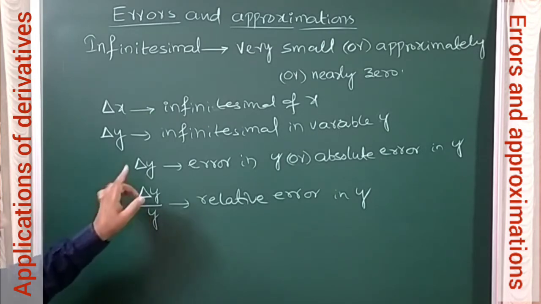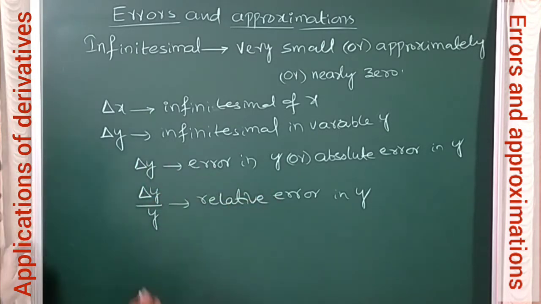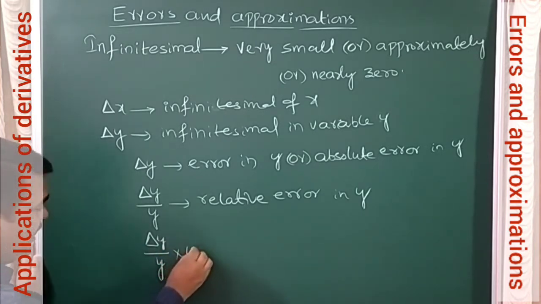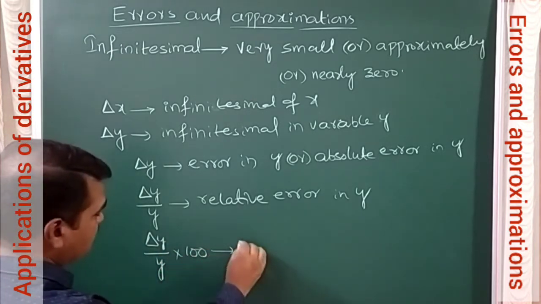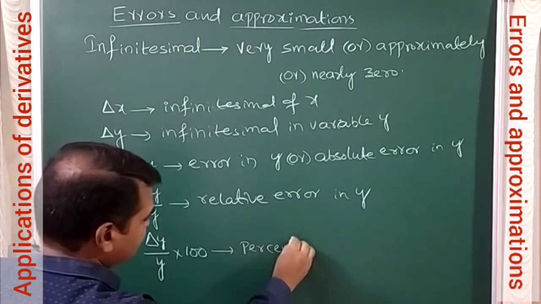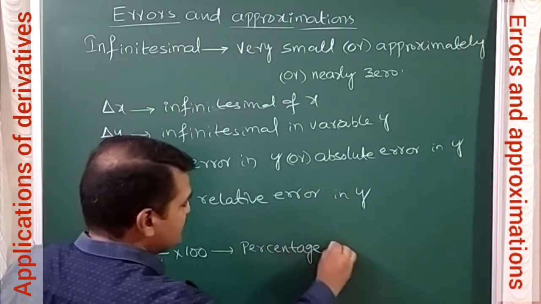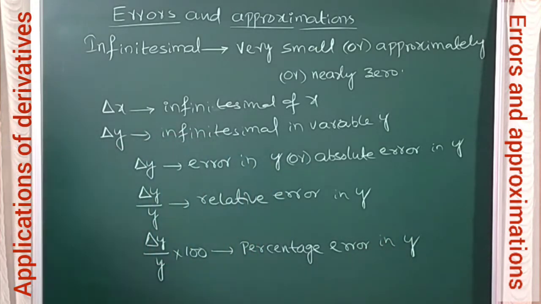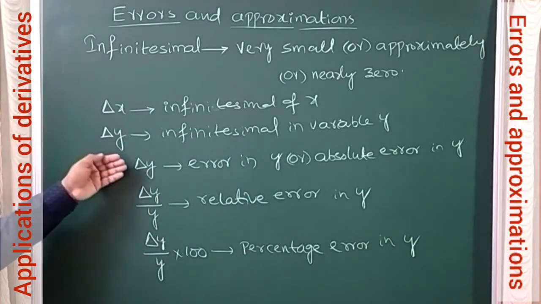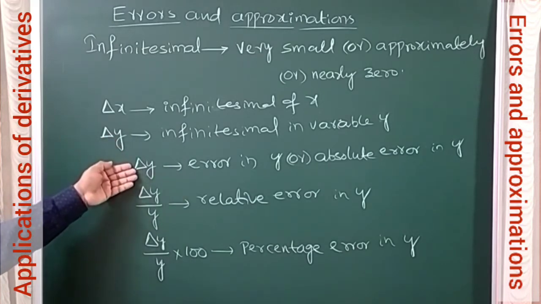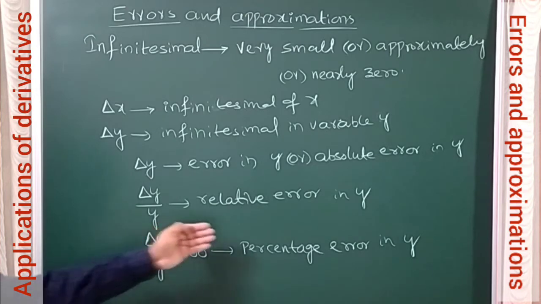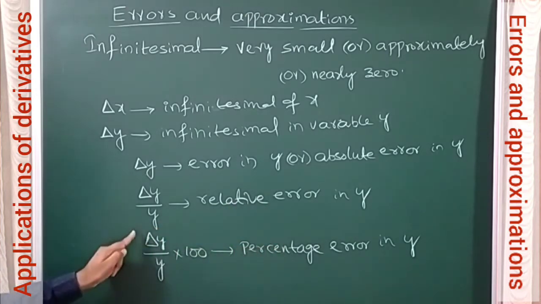So this is a relative error in y, and delta y by y into 100 is referred to as the percentage error in measuring y. So delta y is the absolute error in y, relative error is delta y by y, and percentage error in measuring y is delta y by y into 100.